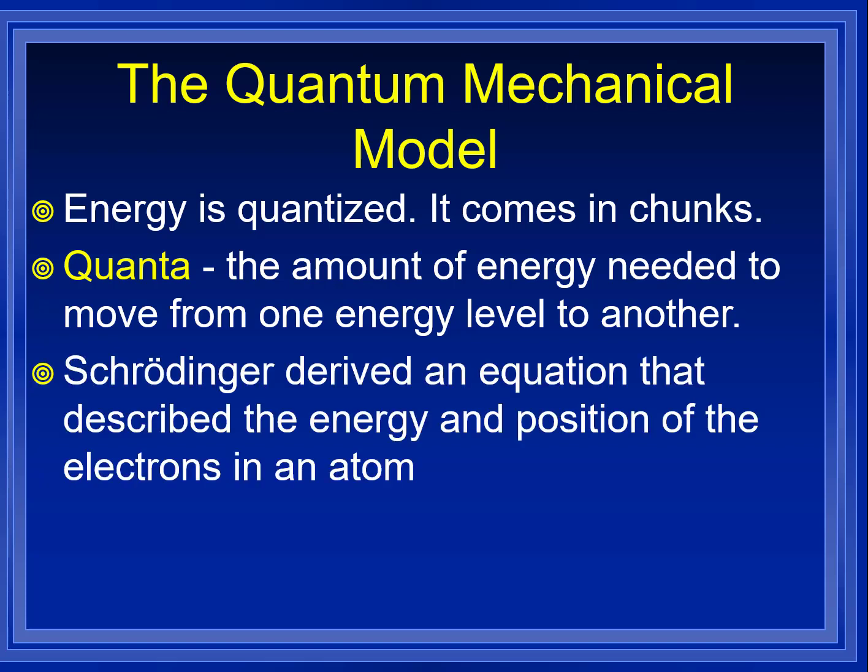Okay, so Schrödinger derived an equation that described the energy and position of the electron in an atom. We've got some good news and some strange news. Good news: you are never going to have to solve Schrödinger's equation in my class.